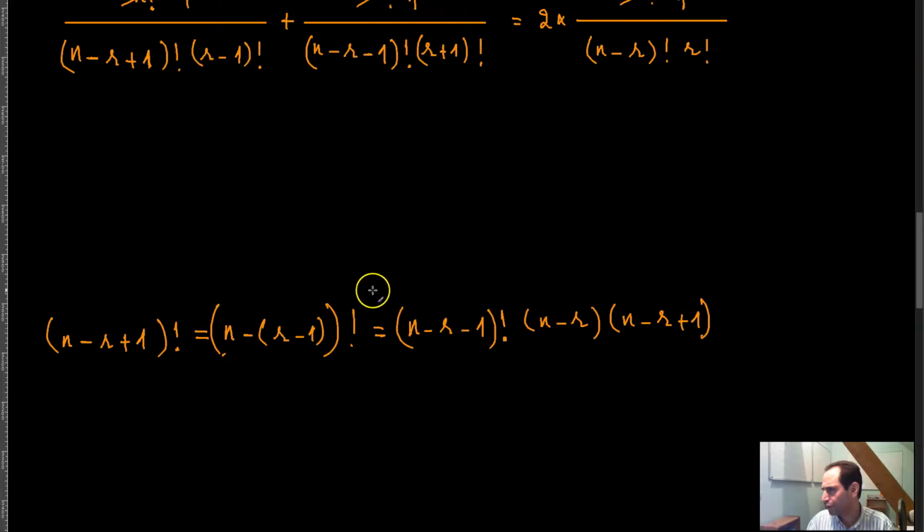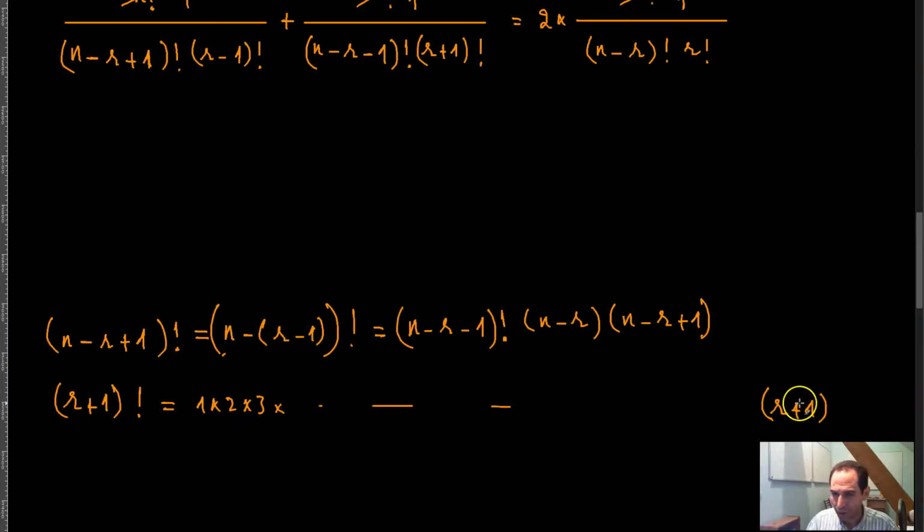n minus r minus 1 factorial, and r plus 1 factorial over here. We don't have to do anything about this, but essentially r plus 1 factorial, you can write it as basically 1 times 2 times 3 all the way up to r plus 1, right?